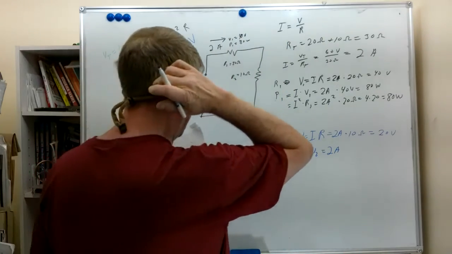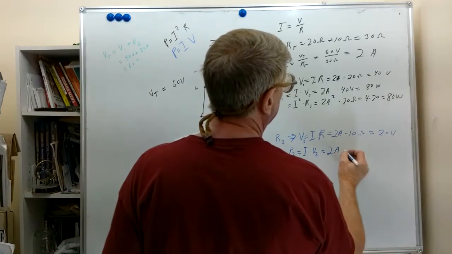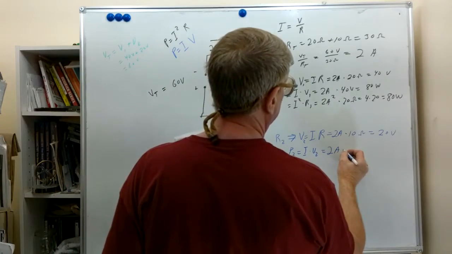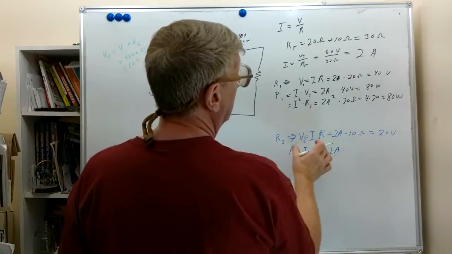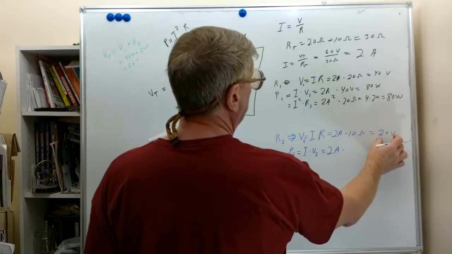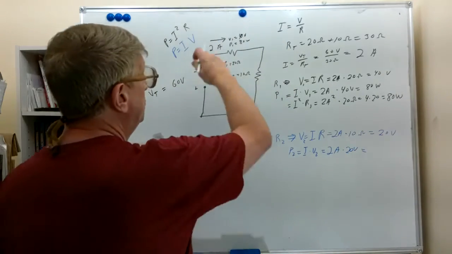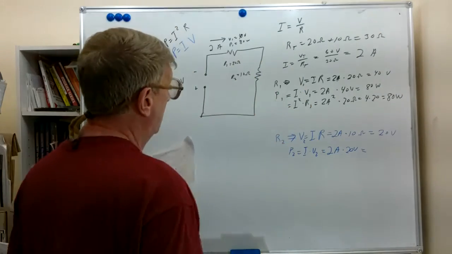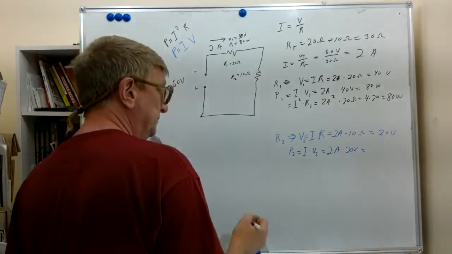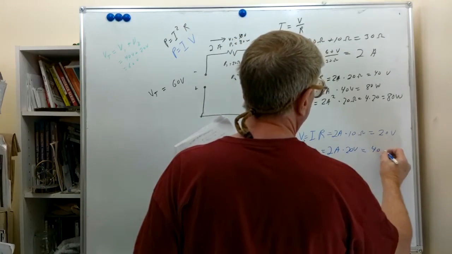We calculated voltage across R2 of 20 volts. So we have 2 amps times the 20 volts that's dropped across R2, or dissipated by R2, gives us 40 watts.